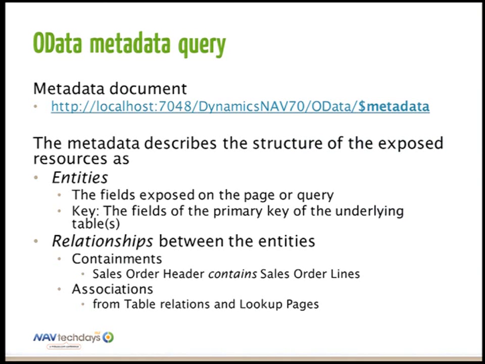That's one way of having relations for NAV. The other way is if there are relations between the tables, table relations, and you expose both of the tables, we will automatically detect that they are both exposed. And if there is a lookup page on the related table, we will find the relation and expose that as a relation in the OData feed.